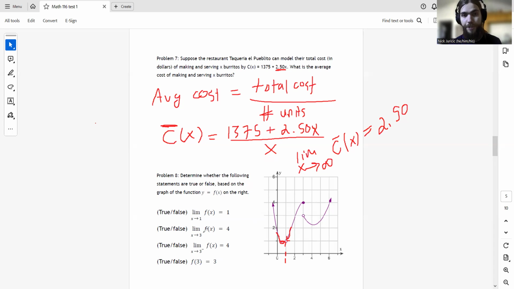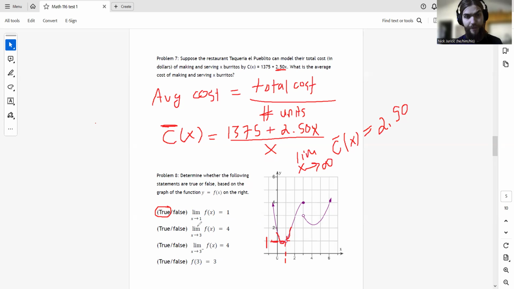So even though the function doesn't exist there, we can say that as we approach 1 from either side, the value of the function does indeed go towards 1. The limit as x approaches 1 of f of x is still equal to 1. So it doesn't need to exist to have the limit there.